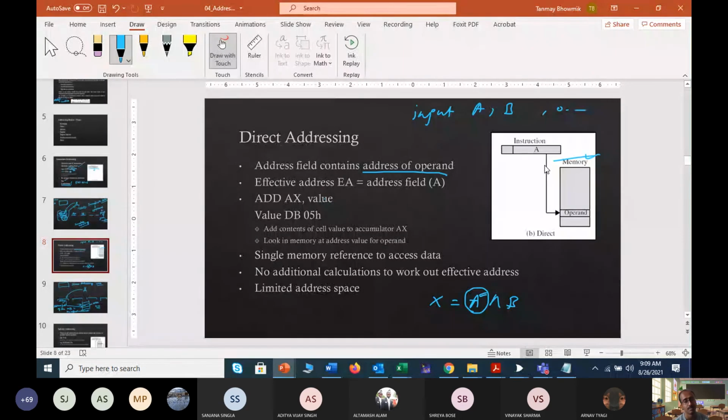So that is his effective address. He doesn't need to calculate or ask anything. He just checks his room number and tells you this is my effective address. That is why it is written that there are no additional calculations to work out the effective address.